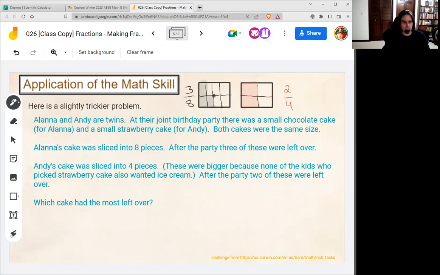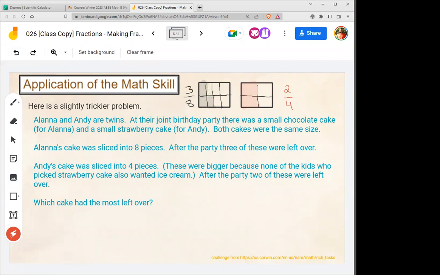So with this picture, this green piece is how much smaller 3/8 is. Because if I had that, then I would have 2 of the fourths, just like the other picture. Does that make sense? Yes?